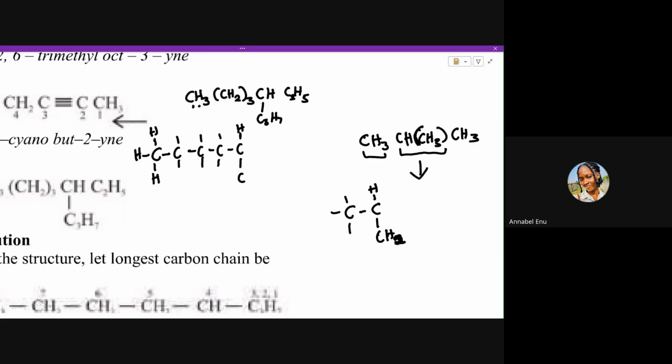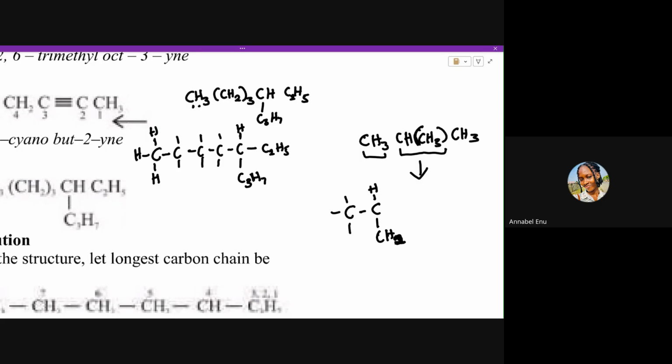So we can either say C3H7 or we split it: CH2, CH2, and then CH3. Again, we have C2H5. We can just write C2H5, or we can also split it.